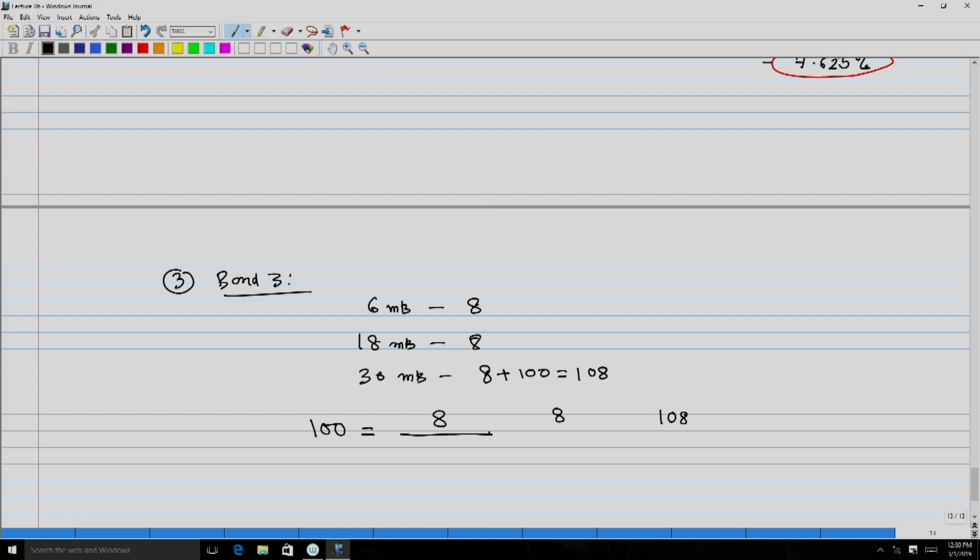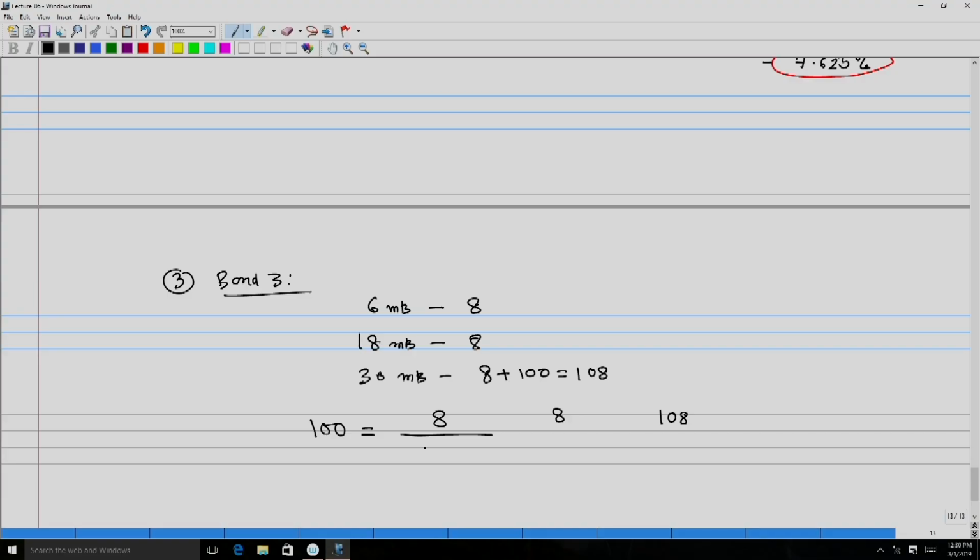Now, since the coupon of 8 is being paid at the end of 6 months, in order to calculate the present value, we will make use of the interest rate that we had determined for the bond with 6 months, because this can essentially be treated as a 6-month pure discount bond, and this is going to be 1 plus 0.0241.